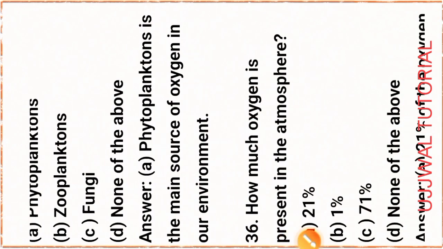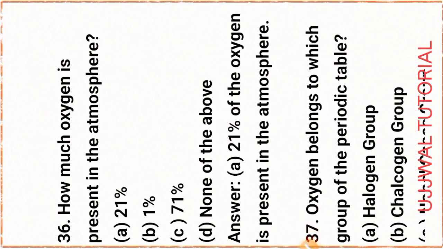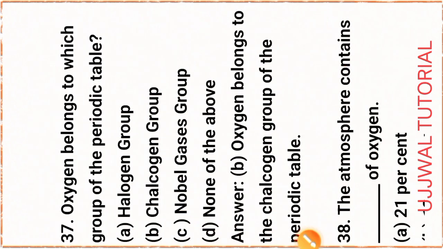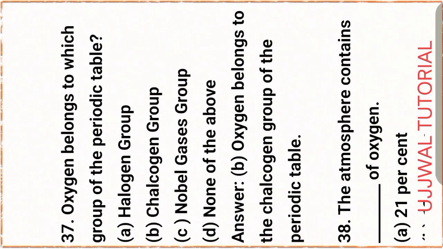Next question, question number 36. How much oxygen is present in the atmosphere? Option A, 21%. 21% of oxygen is present in the atmosphere. Next question, question number 37.